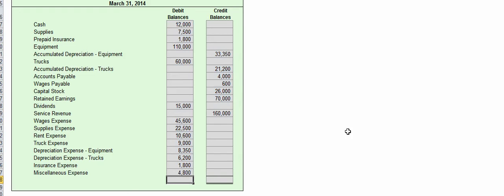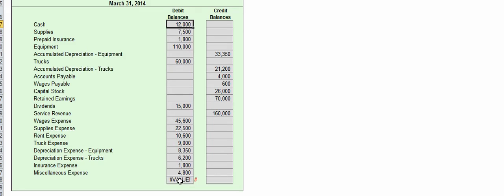Well, first let's total both columns. 12,000 plus 7,500. Just going to add them all in. I try doing these tricks and it never works.